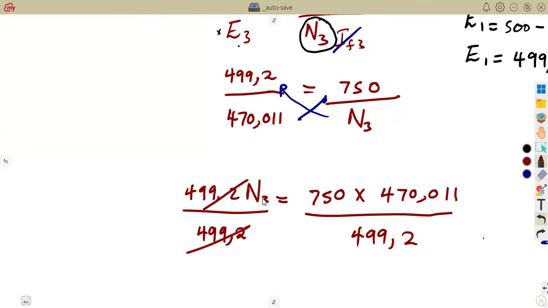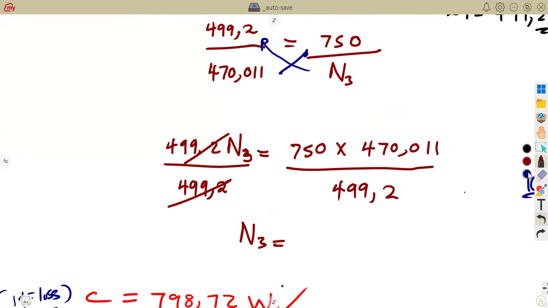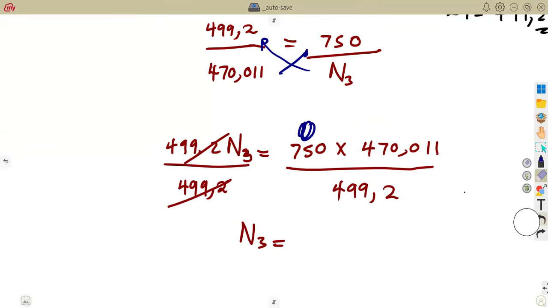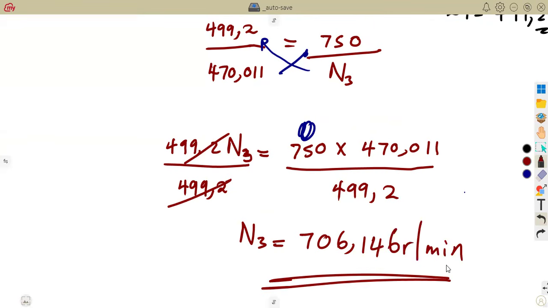We have our N3 speed at maximum efficiency. Since the other speed is given in revs per minute, whatever you calculate must also be in revs per minute. So N3 is 706.146 revolutions per minute.